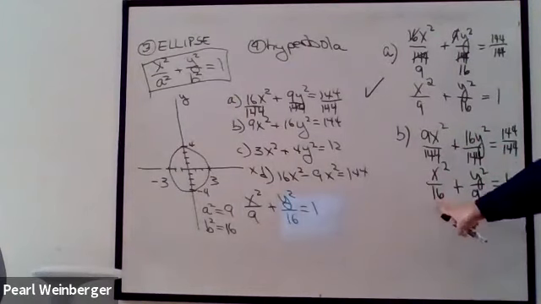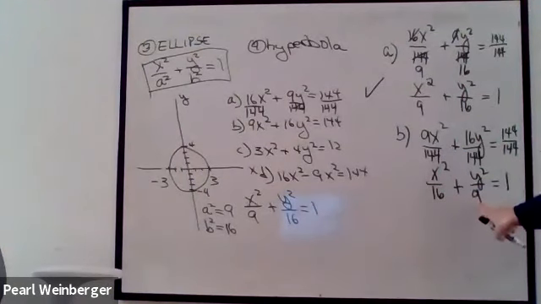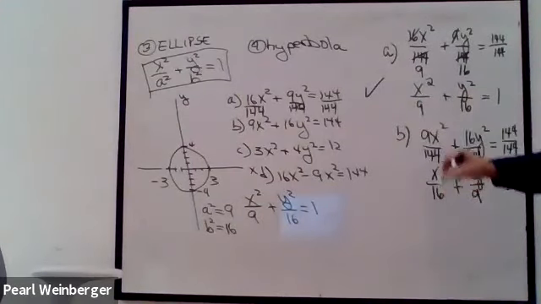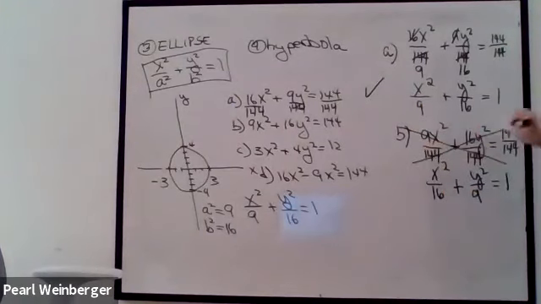That would have meant my x-intercepts are plus or minus 4 because my a squared is 16 and my b squared is 9, so my y-intercepts would have been plus or minus 3. And that's not what we have. That's why B is the wrong answer.